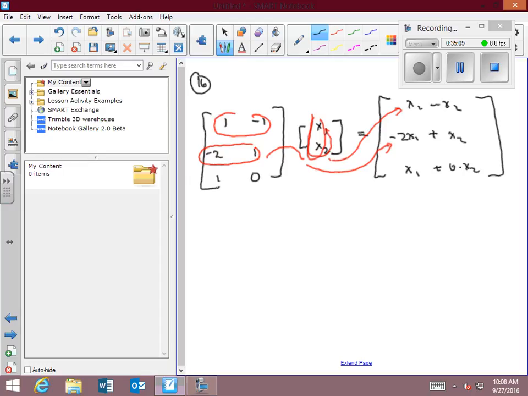17 through 20, it says show that T is a linear transformation by finding a matrix that implements the mapping. Note that x1, x2 are not vectors but are entries in vectors. Okay.